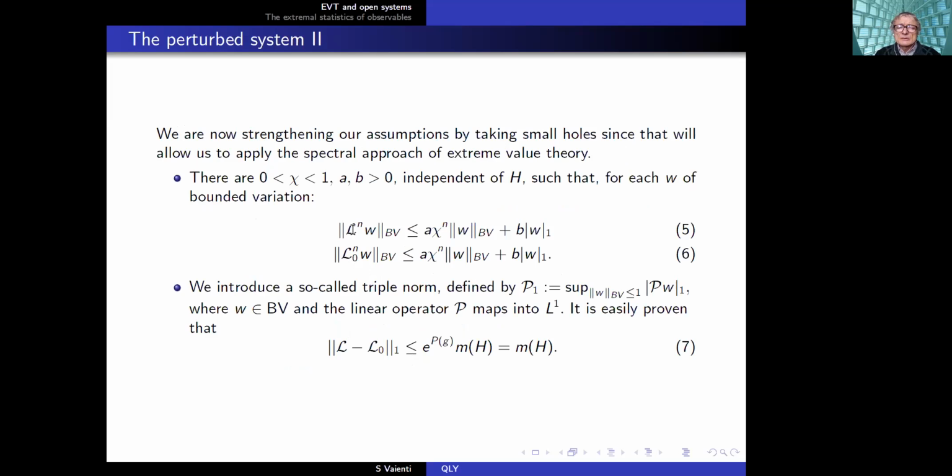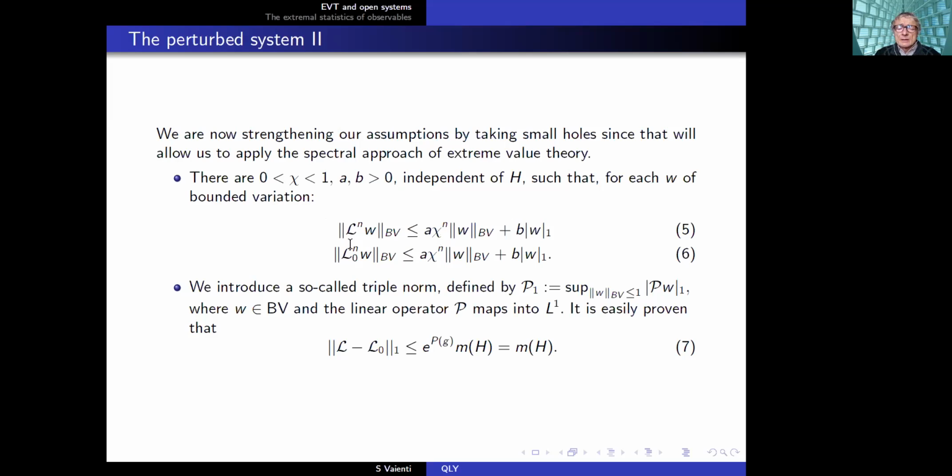These conditions, which are called Lasota-Yorke inequalities for the two operators, will be useful in order to develop the spectral theory, which I'm going to explain in a few minutes. For people working in this business, these are very natural conditions the operator should verify. It's important to notice that this constant is strictly less than 1, and it will play a role in the choice of the size of the hole later on.